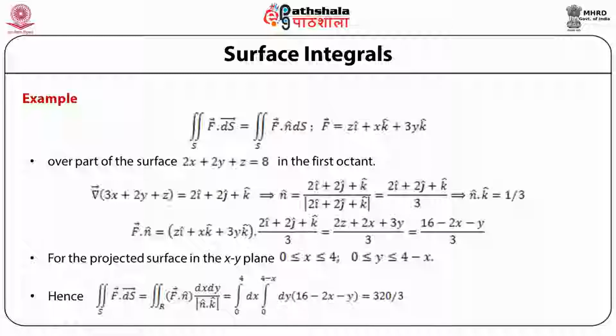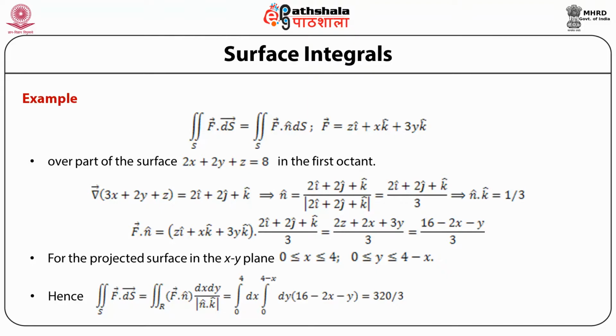So del of (2x plus 2y plus z) is equal to 2i cap plus 2j cap plus k cap, which implies that n cap is equal to 2i cap plus 2j cap plus k cap divided by mod of 2i cap plus 2j cap plus k cap, which is equal to (2i cap plus 2j cap plus k cap) divided by 3.